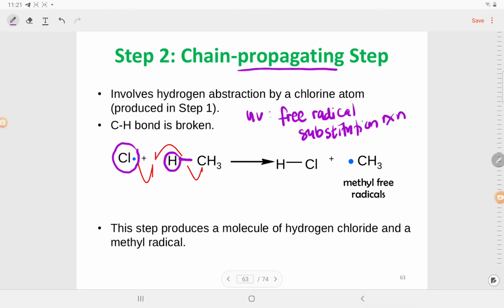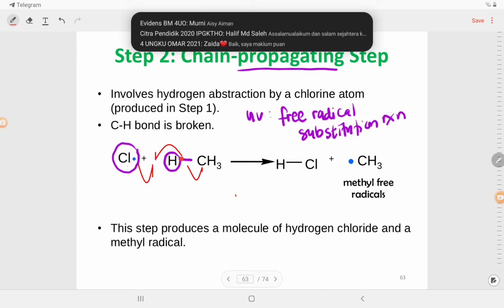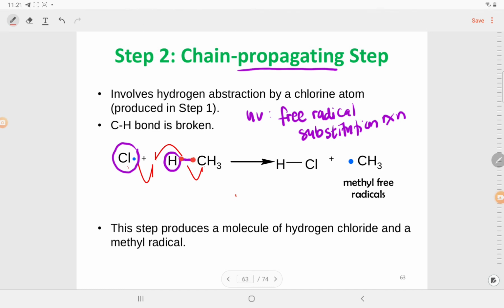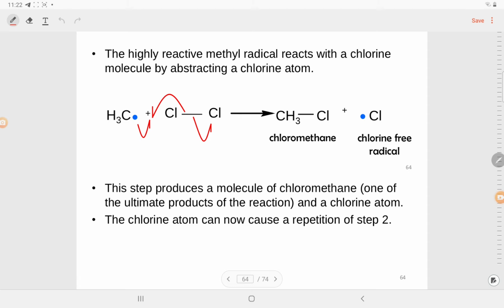One electron of the hydrogen is given to the chlorine, and we bring the arrow to the middle. Then a covalent bond forms, and this cleavage gives a side product, but we also produce an intermediate species we call the carbon free radical. So, in the second part, the propagation, we have the carbon free radical.